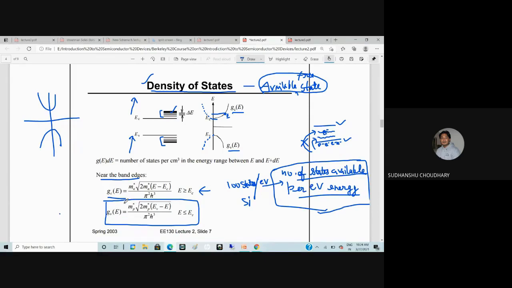For this, we have E less than EV. That is, if I want to find the density of states at this point, let us say this point is E, EV is present over here, so E is obviously less than EV. This condition is fulfilled.